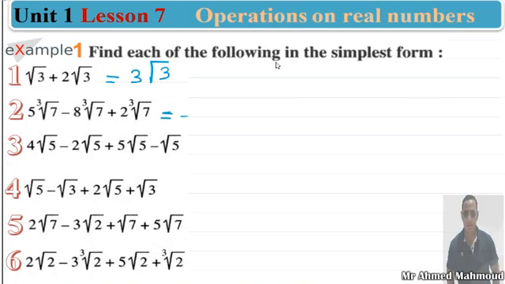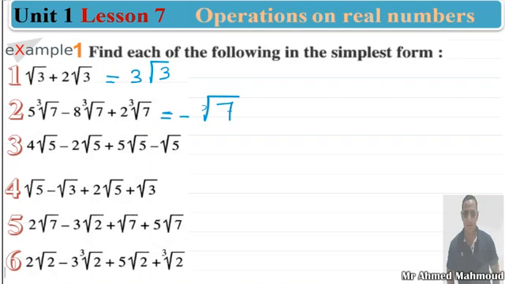Negative 1 cubic root 7. But here I don't need this 1, then I'm going to cancel it. The result will be negative cubic root 7.